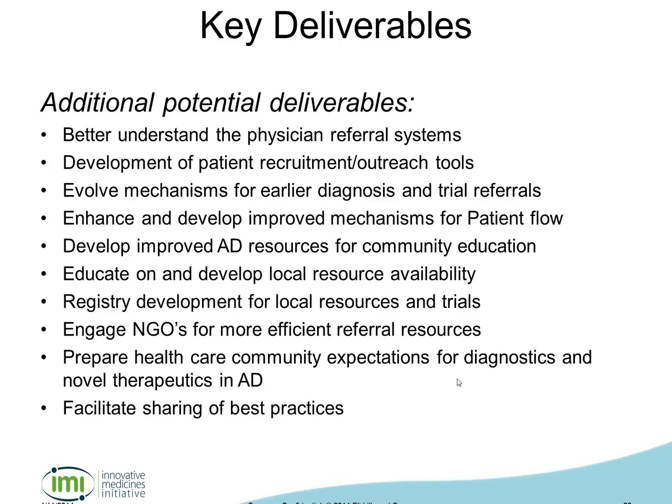And registry development for local resources and trials, engage with non-government organizations for more efficient referral resources, and prepare healthcare community expectations for diagnostics and novel therapeutics in Alzheimer's disease, as well as facilitate sharing of best practices.